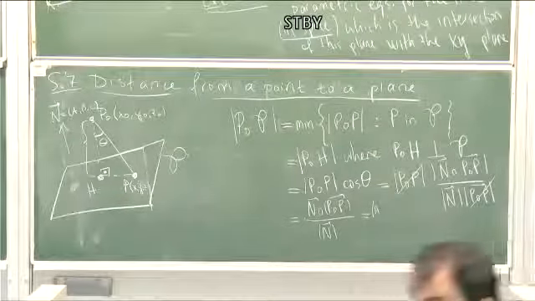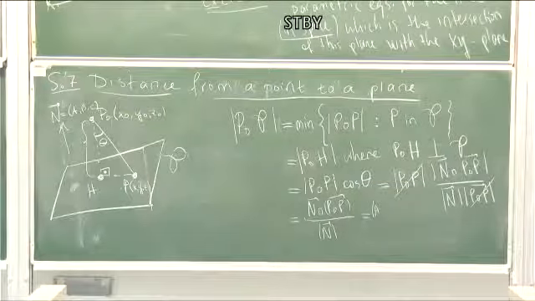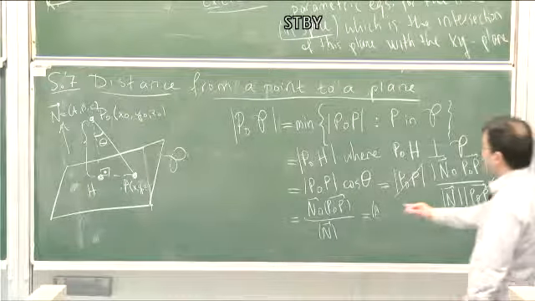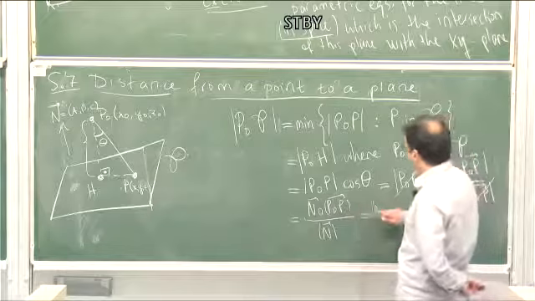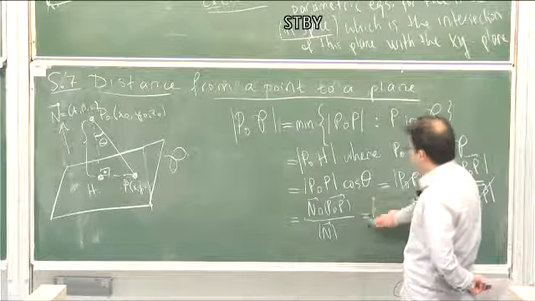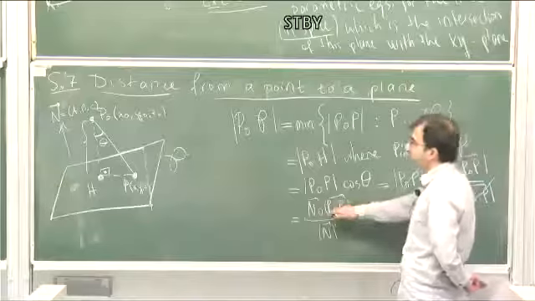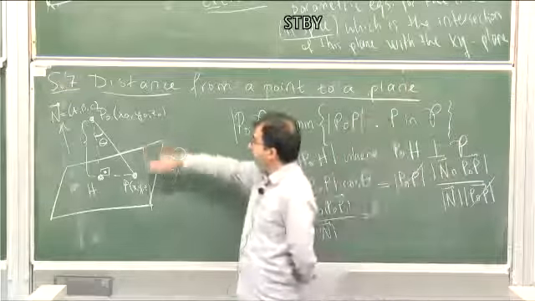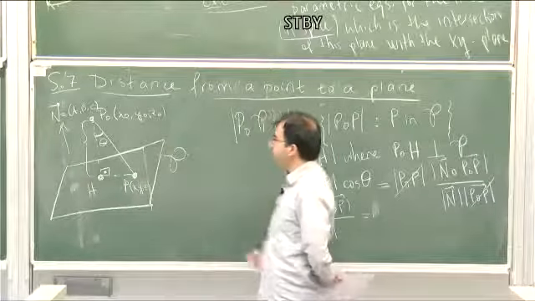Okay, so now I'm going to write this product. You see, P0P is P minus P0, so it will be x minus x0, y minus y0, z minus z0.